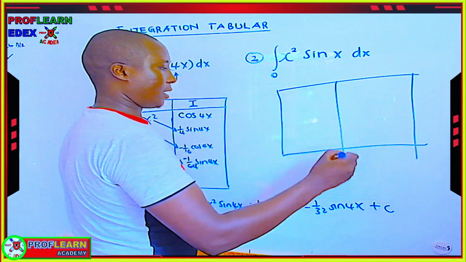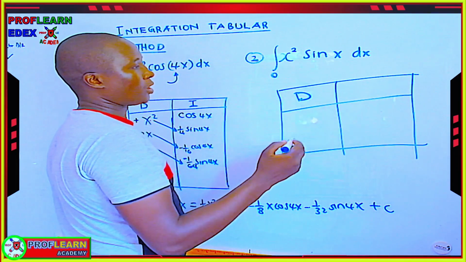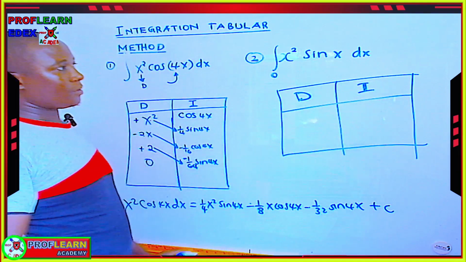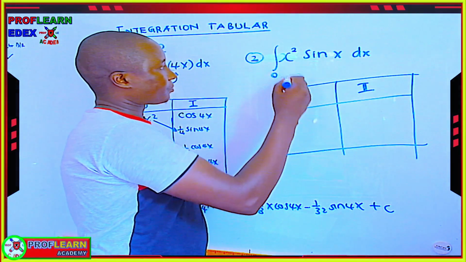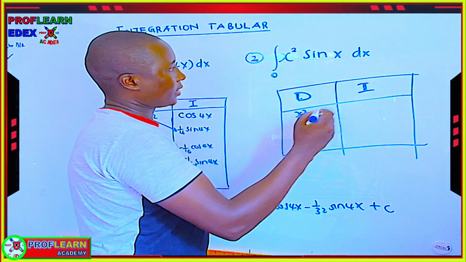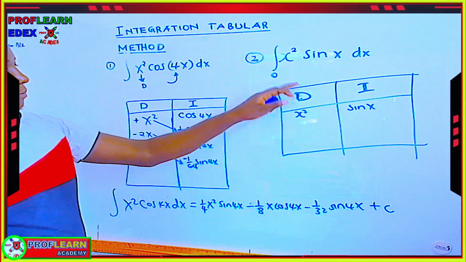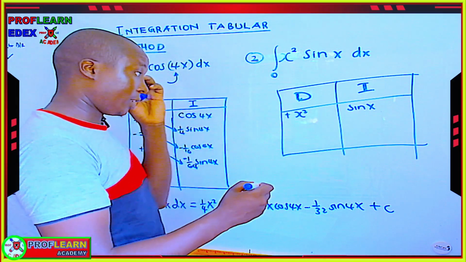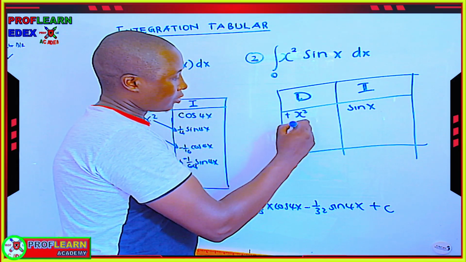We have a table. What you are going to do to find the derivative will be the polynomial, and what you're going to integrate is this other part. So which will mean that we shall start with x squared, and we shall have sine x. Then differentiating this, of course, we start with a positive. Differentiating this, we shall get 2x.